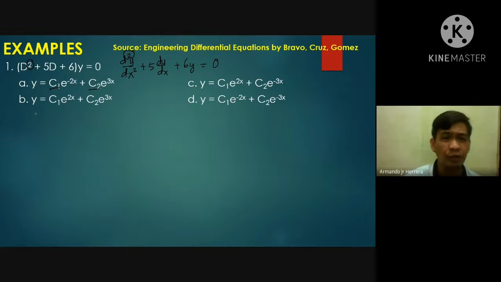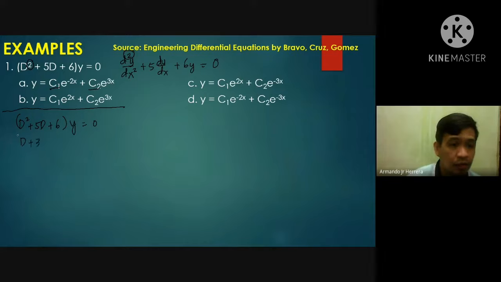So how are we going to deal with this? First, we focus on our D operator equation. We have D squared plus 5D plus 6, y is equal to 0. We have to factor this second degree equation, so it is just a quadratic equation: D plus 3 times D plus 2, y is equal to 0.